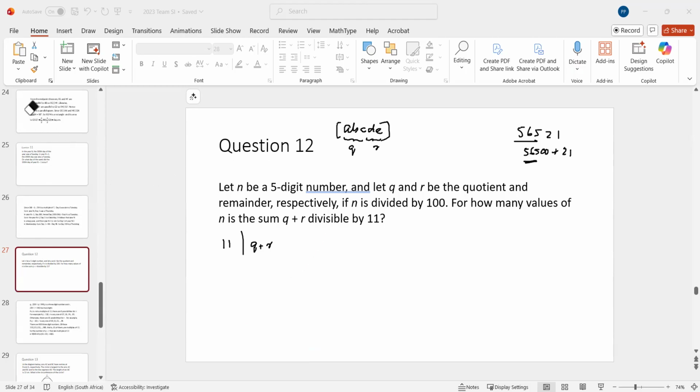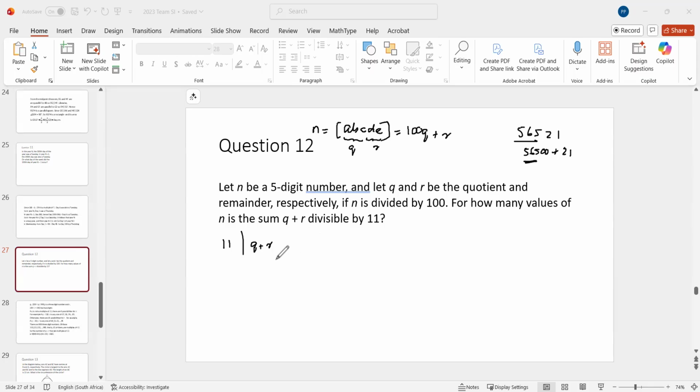Now, this number n is a 5-digit number. But this is also equal to, as we saw here, 100Q plus R. This is your Q. There's 100 of these plus this 2-digit number. I want 11 to be a factor of Q plus R. Now, how do you get n from that?